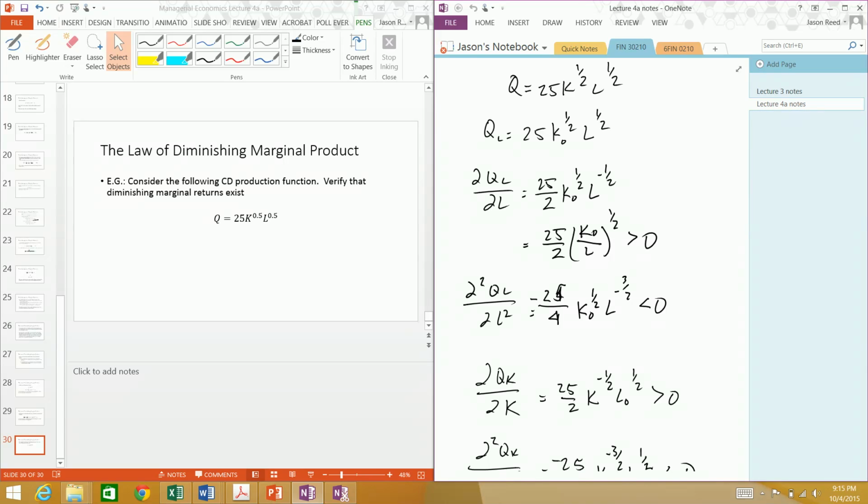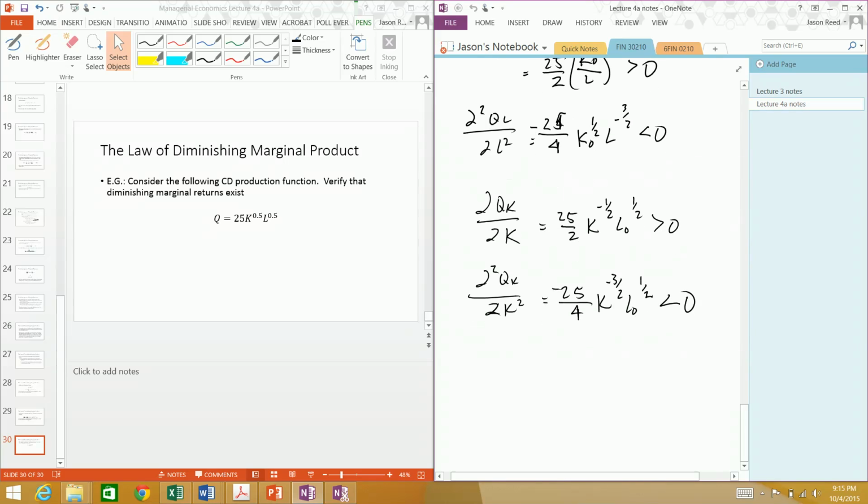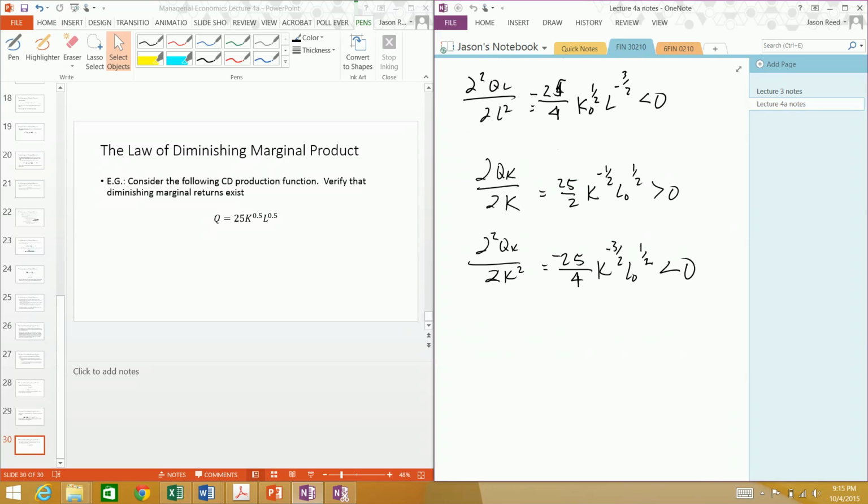And so we take our first derivative, and we realize that it's greater than 0, because capital and labor have to be positive. And then we take our second derivative, and we can see that we get this negative sign here, which ensures we'll have a less than 0 diminishing marginal product because capital and labor, again, have to be positive.